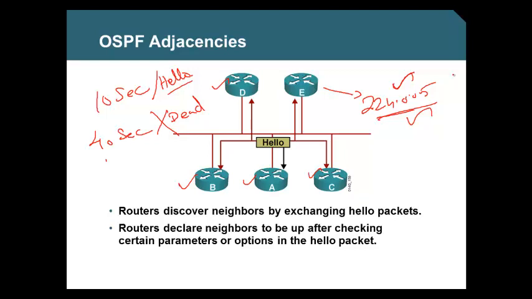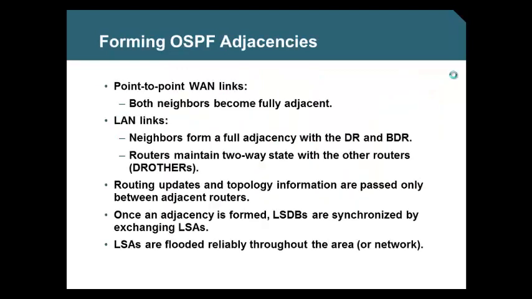Here stub is in OSPF, not the EIGRP stub. Authentication type, authentication string, and so on. When these things match, the router will accept the neighbor as a neighbor. Alright, this is where we need to start today.